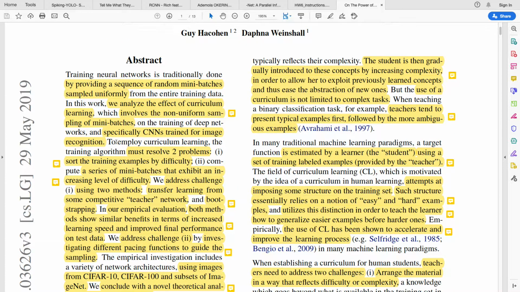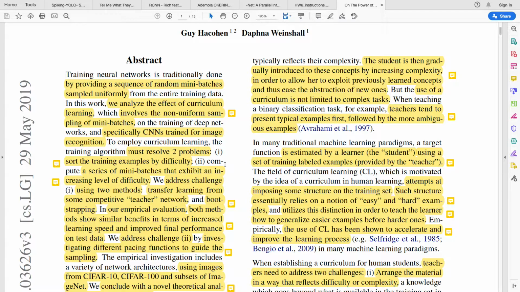So we just look at some of the important points. For them to be able to employ curriculum learning, they have to resolve two problems. First, they have to answer the question of how to sort the training examples by difficulty.